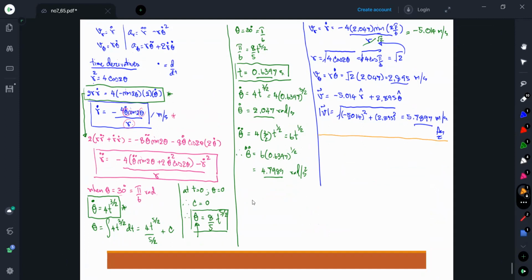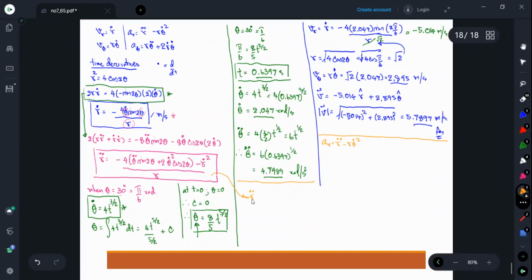For the acceleration, AR is r double dot minus r theta dot square. So we have to find r double dot first. Substitute theta double dot when theta equal to 30 degrees.